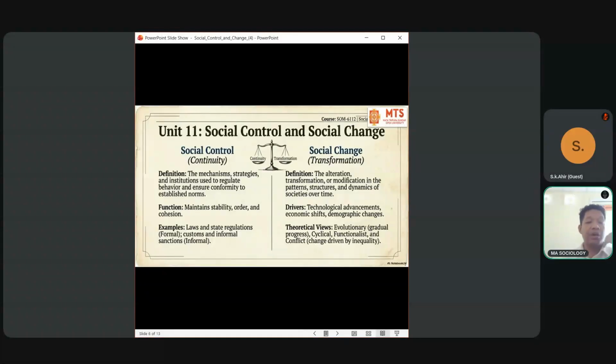Okay, so the functions are to maintain stability, order and cohesion. So social control is what maintains stability for a society, a family, an institution. Like for example religion, if you take it from the psychological point of view: if you do a crime you will go to hell, if you do good you will go to heaven, right?